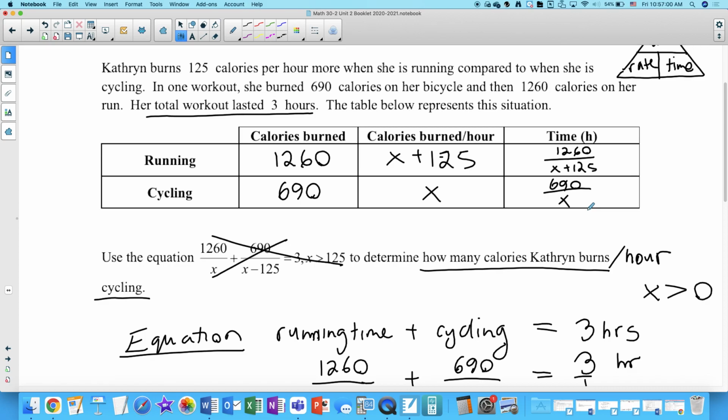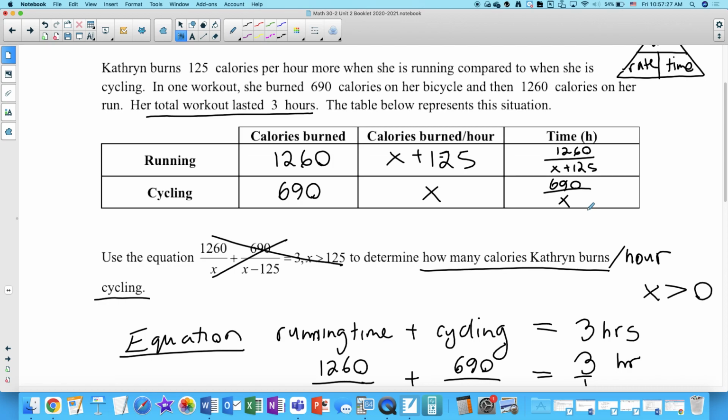The difference is that if you solve for x in our equation, you'd be figuring out her cycling rate, and you have to add 125 to get her running rate. In this equation, you'd be figuring out her running rate, and if you wanted her cycling rate, you'd have to subtract 125. But there's often more than one equation that can be used to model a situation, and that's what's going on here. Okay?